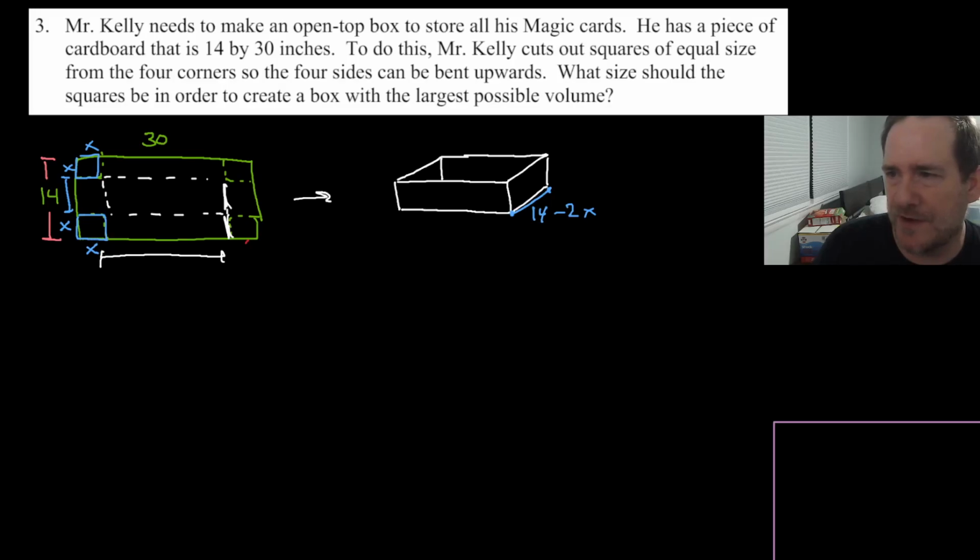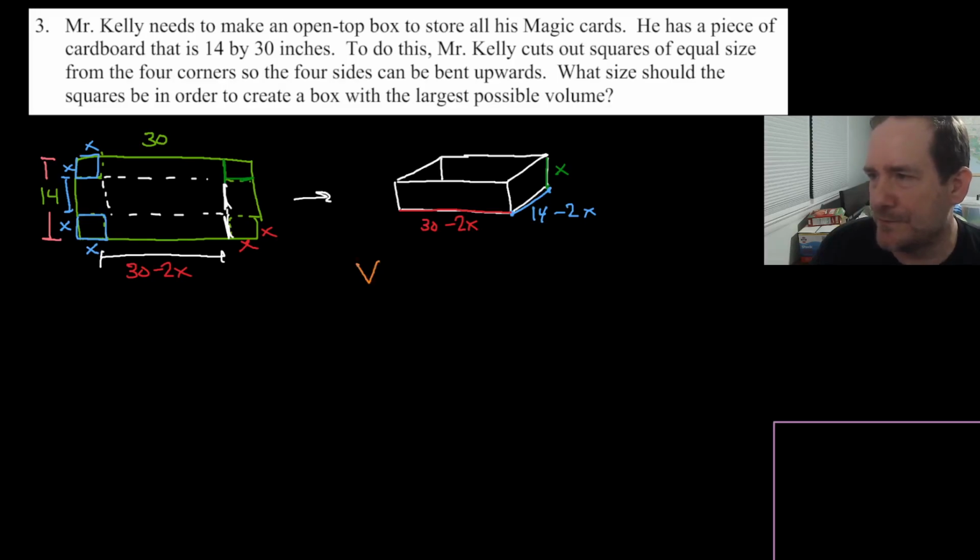Again, we're going to take away 2 x's because there's another square over here that's x by x. So this dimension we care about is going to be 30 minus 2x. And we already said that whatever the side of the square was, that translates to be the height of the box, which would just be plain old x. So we've got everything now.